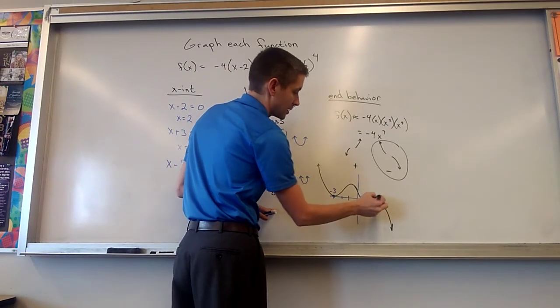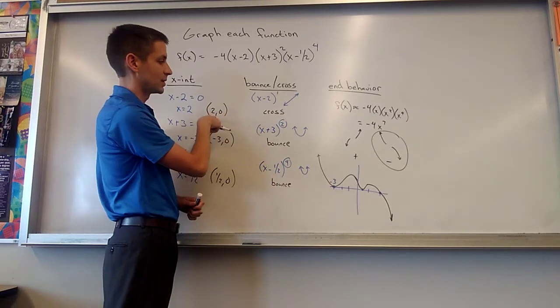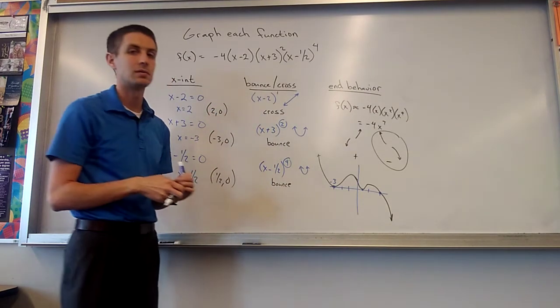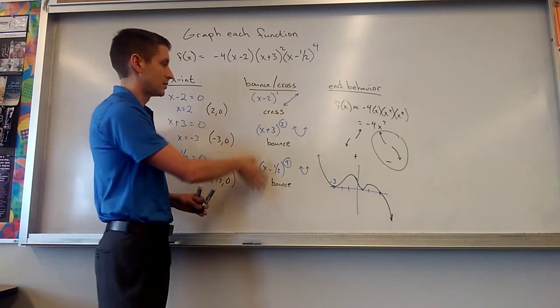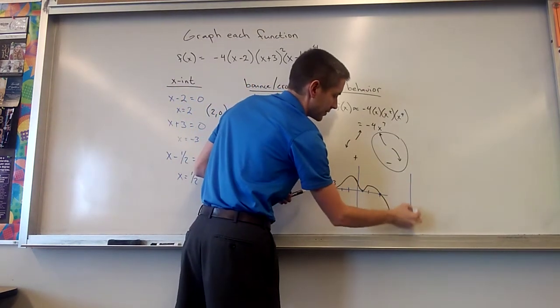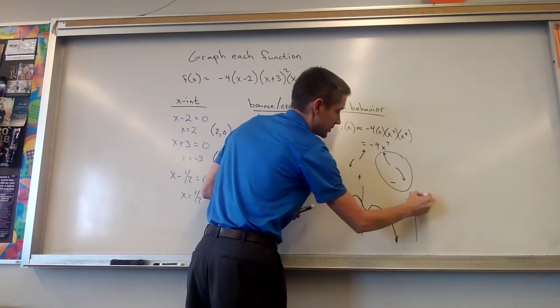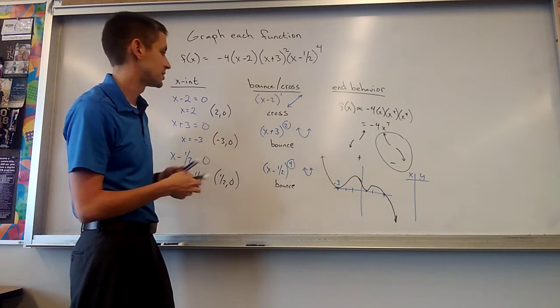Now, if I want to check to make sure, or if I don't remember these crossing and bouncing rules, I can always choose some x's and figure out some y's based on where my intercepts are. To the left of my first intercept, I could plug in a -4. Between my first and second intercepts, maybe I plug in a 0.